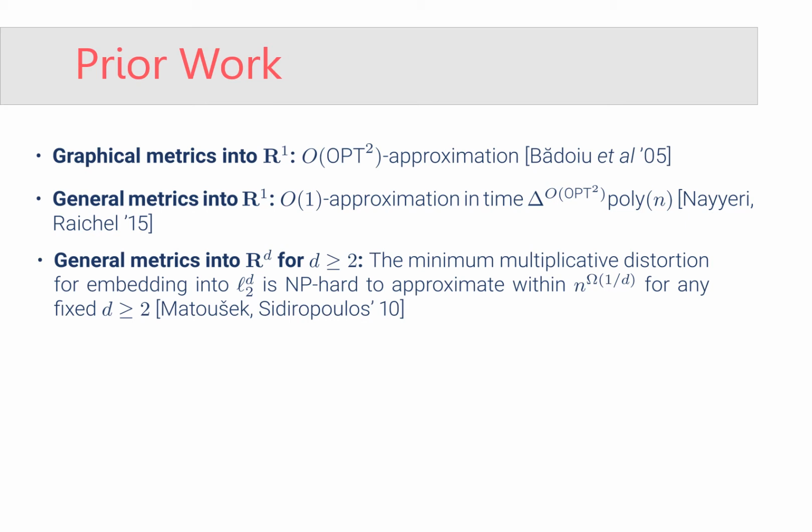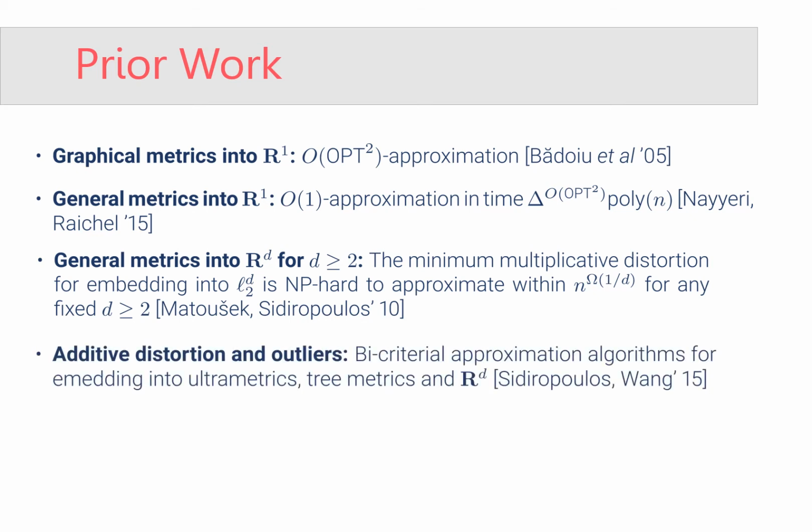However, what if we want to sacrifice some of the points in our metric space? For instance, if we threw out some of the points, I don't know, a logarithmic factor of them perhaps, will it become better? Here is a positive result, on the other hand, about additive distortion and outliers. Sidiropoulos and Wang give a bicriteria approximation algorithm for embeddings into R^d, with additive distortion though.